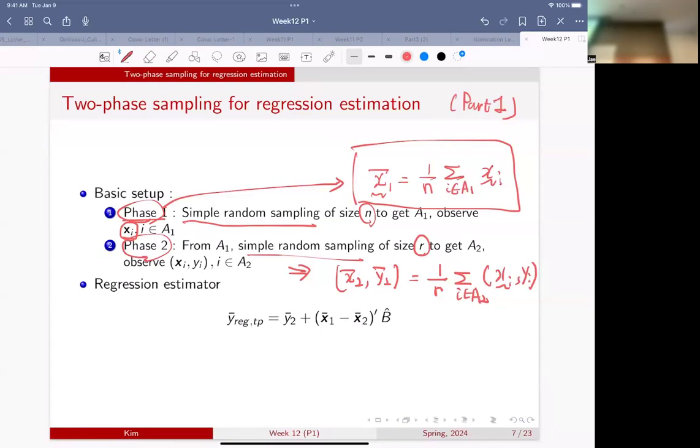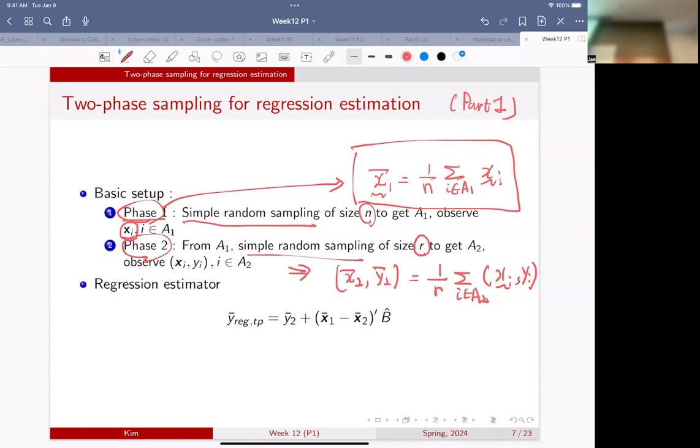So X is common in phase one and phase two, and in phase two we are taking the sample from phase one. So we are taking the same X, the repeated X, because X is also available.